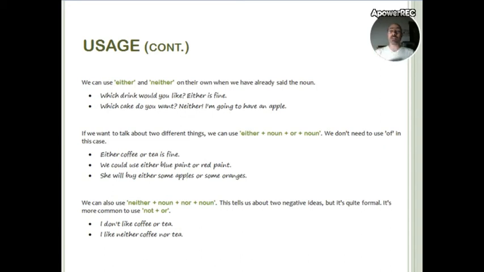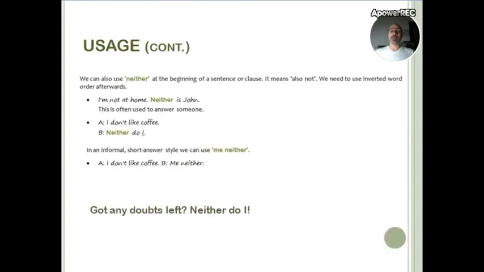Whereas when you say I don't like either tea or coffee, you're saying I do not like either. That is, it would be like neither. So you already have a not before. So I don't like either tea or coffee. You do not need and you should not use neither and nor, because you already said not in I don't like.